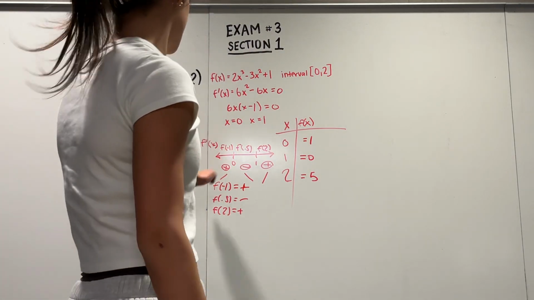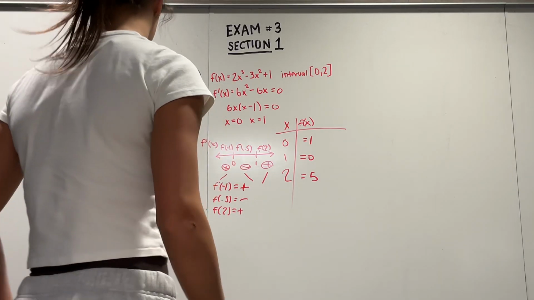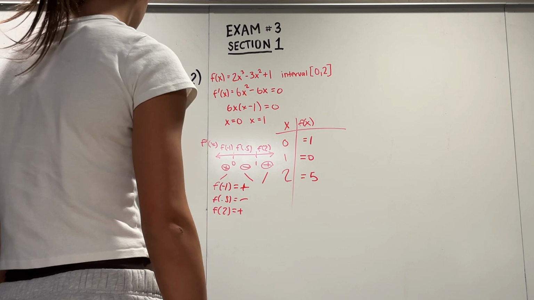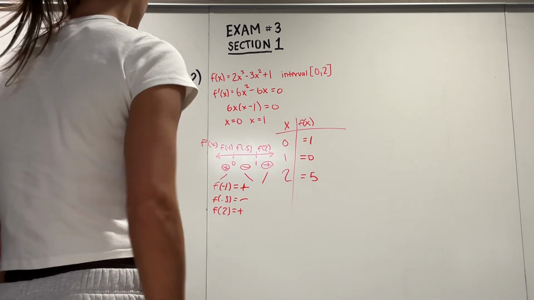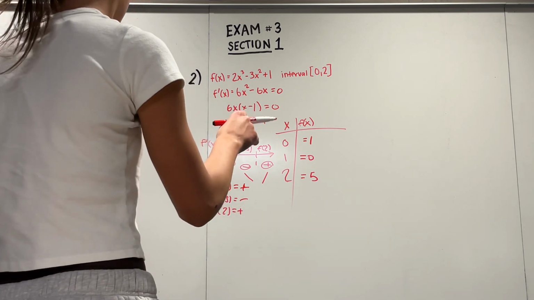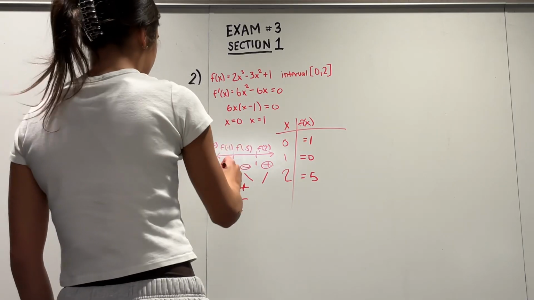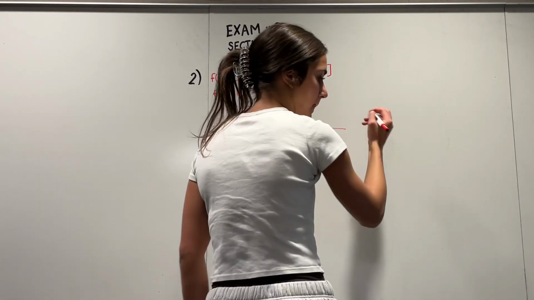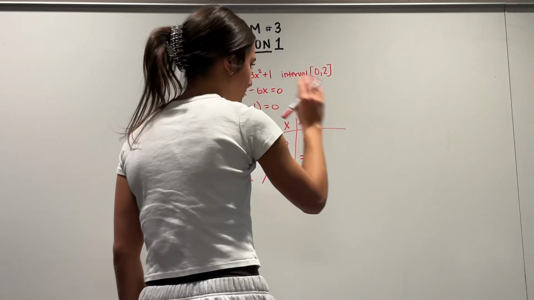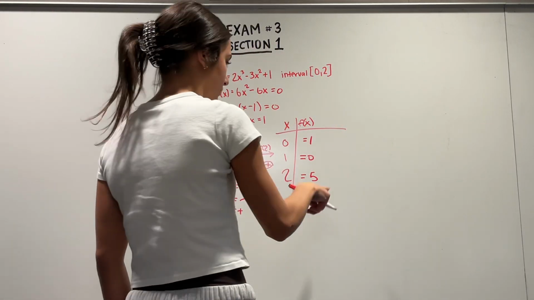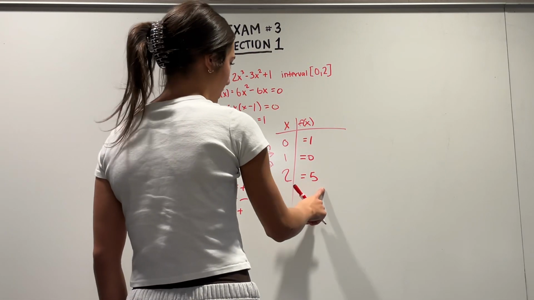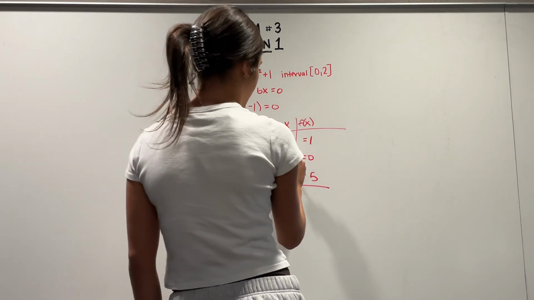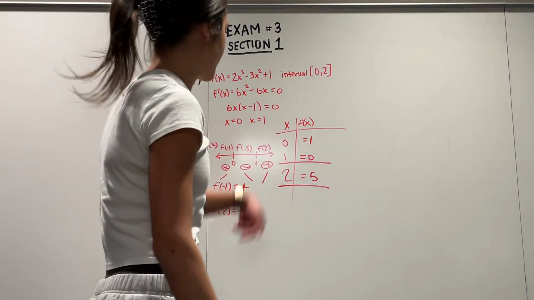So at 0, like we said, it's going to be a maximum. At 1, 0, it will be a minimum, I'm getting confused. This is going to be our absolute max right here, and then this is going to be our absolute min, 1, 0, I was getting confused.